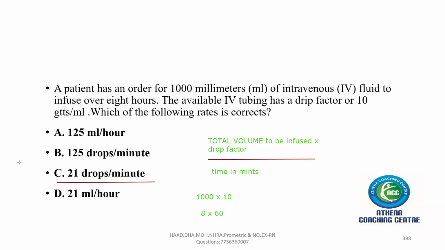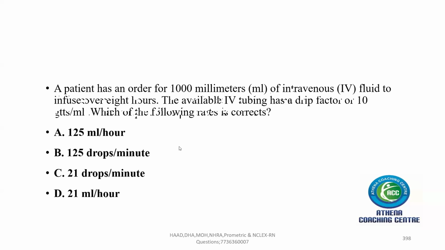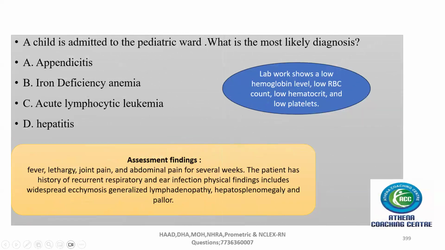Okay. Next question. A child is admitted to the pediatric ward. What is the most likely diagnosis? Appendicitis, iron deficiency anemia, acute lymphocytic leukemia, hepatitis.